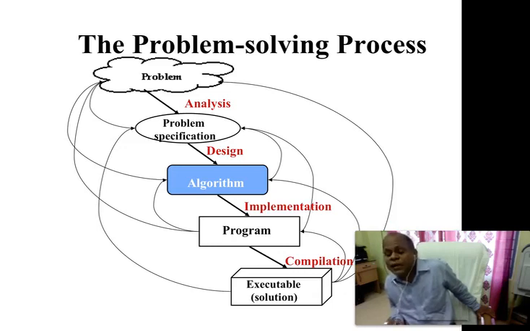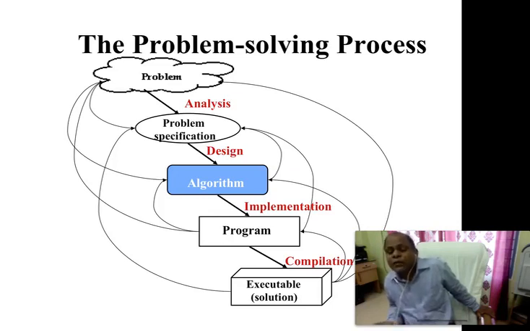And once you have written the algorithm, that doesn't mean it will directly run on your computer. The algorithm can be in any language, maybe pseudocode, maybe any programming language, or maybe simply written English. For running on the computer, you have to translate the algorithm into a programming language, maybe a C program, maybe a Java program.